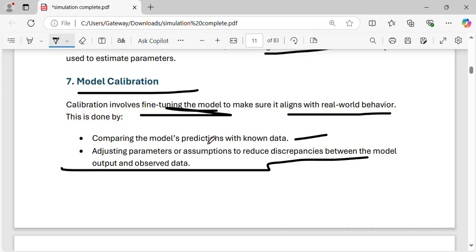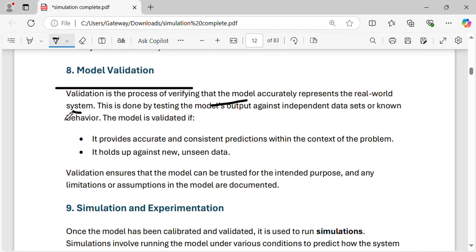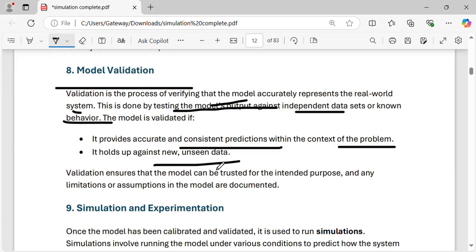Okay, the baby's good at home, but what about when he really goes to tell the teacher what he learned, right? So this is done by testing the model's output against independent data sets or known behavior. If it provides accurate and consistent predictions within the scope of the problem, it holds up against new unseen data, right?